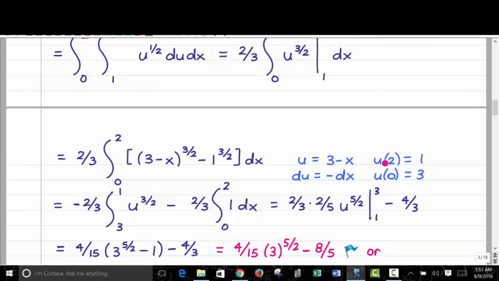And change the limits. U of 2, 3 minus 2 is 1. And I put in 0, 3 minus 0 would be 3. So now I have negative 2/3, 1 on top, 3 on bottom, u to the 3/2. And I guess I should have a du there, shouldn't I? Maybe I freehand that in.